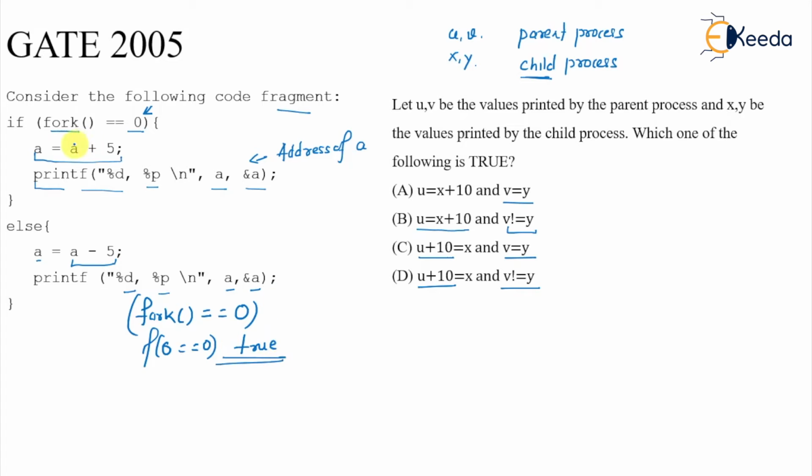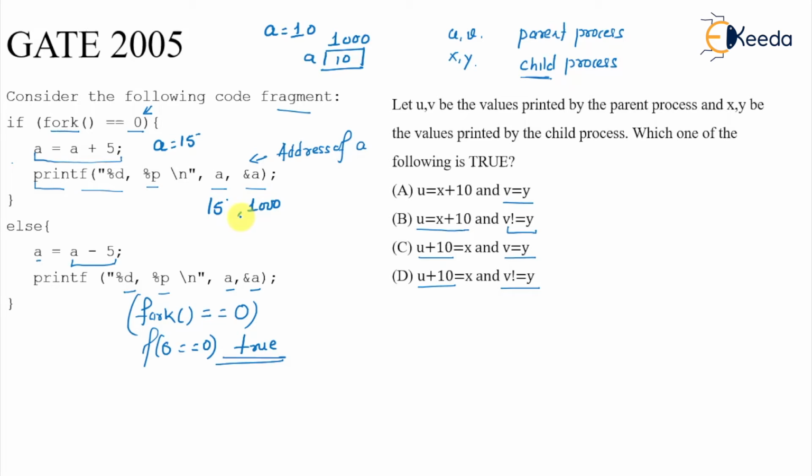Then it will execute a = a + 5. Let me take a = 10, so it will print a = 15, and whatever the address of a is. Suppose the address is 1000. It will print 1000.